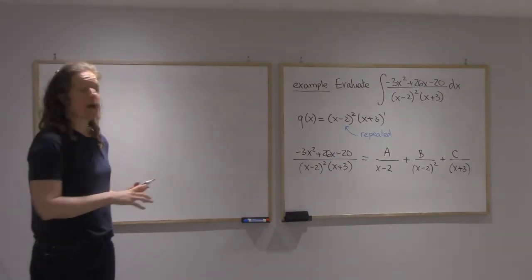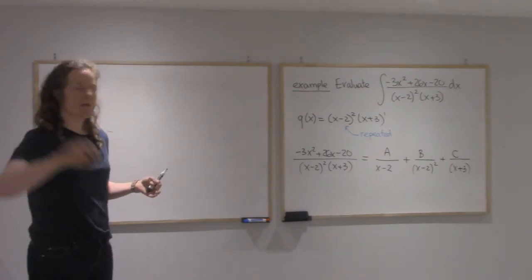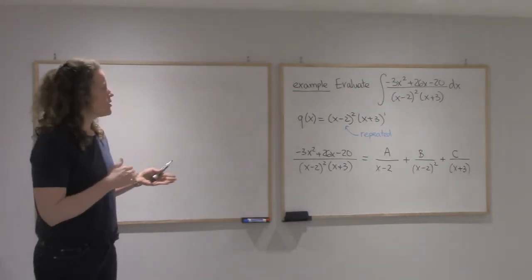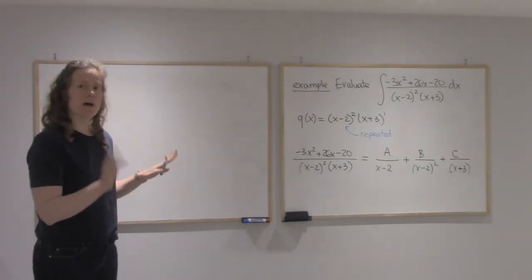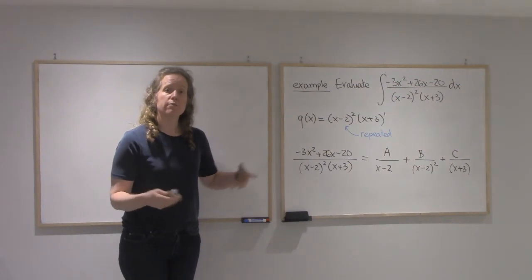So now I need to figure out a way of finding the values of a, b, and c. I'm going to start the same way we were doing for the distinct linear terms. I'm going to multiply both sides by the denominator, clear out the denominators, and then plug in values of x.